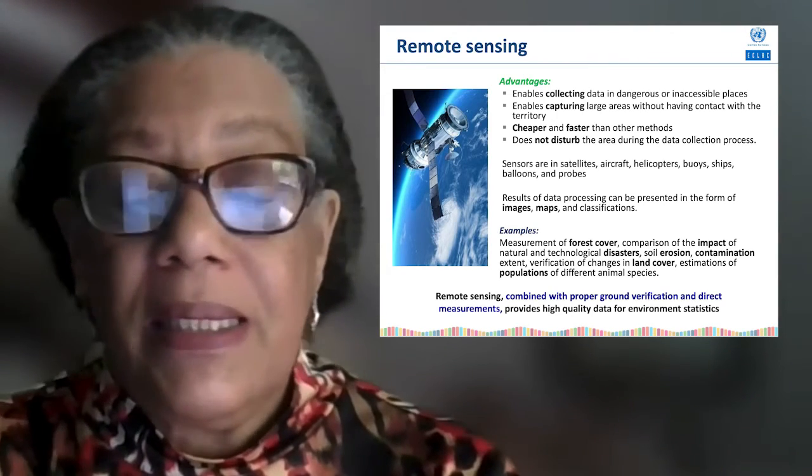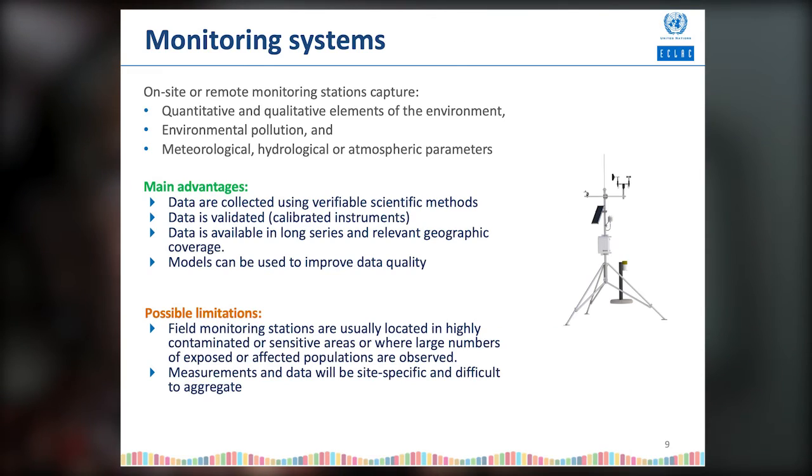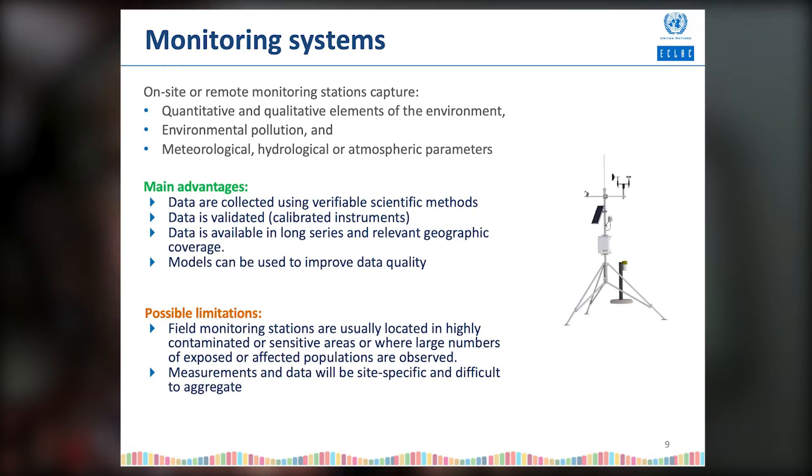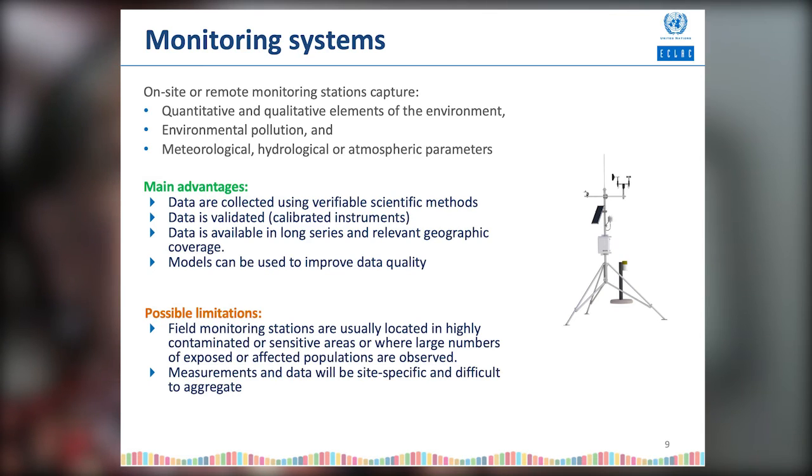for environment statistics. Monitoring systems can be on-site or remote, and they capture quantitative and qualitative elements of the environment, environment pollution, as well as meteorological, hydrological, or atmospheric parameters.